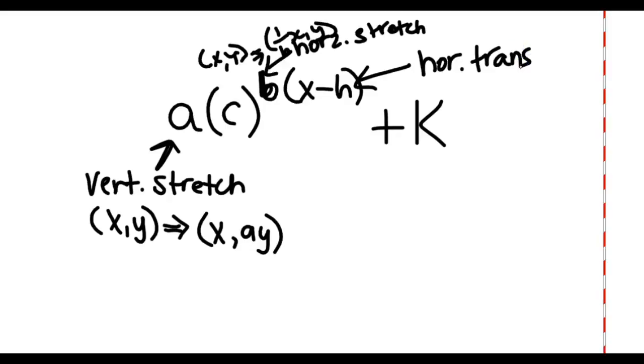So if it's a negative, you're moving to the right, and if it's positive, you're moving to the left. So negative is right, positive is left. And this is our vertical translation.